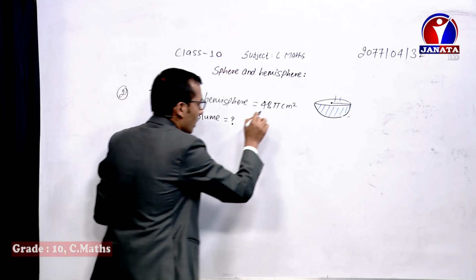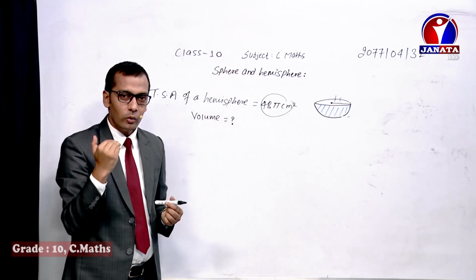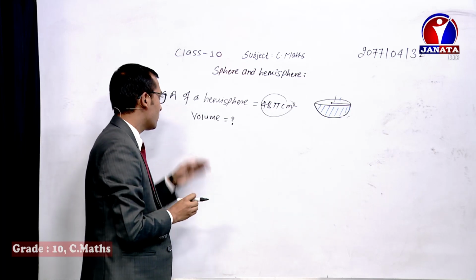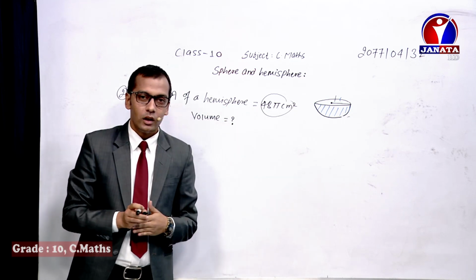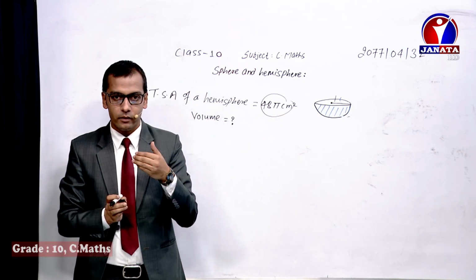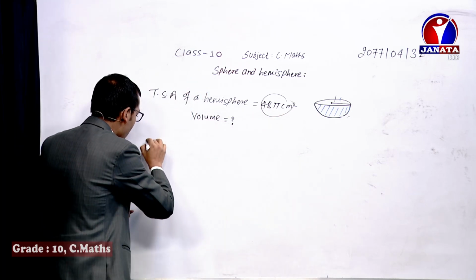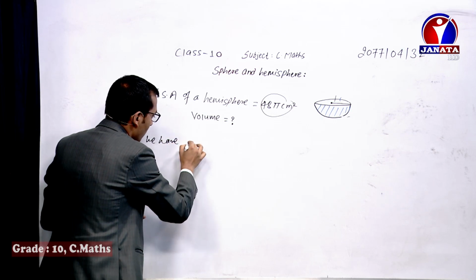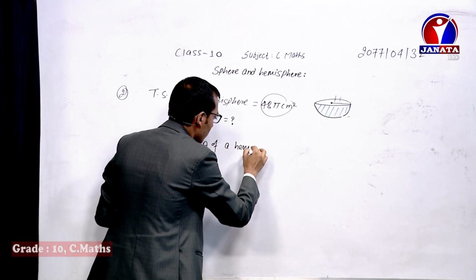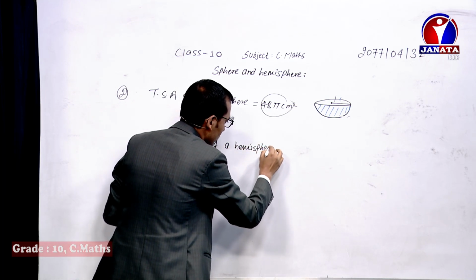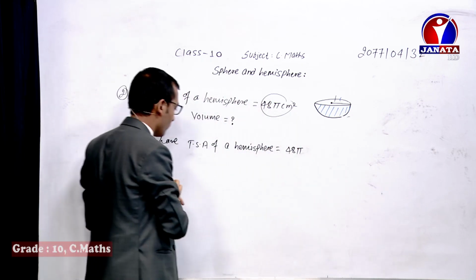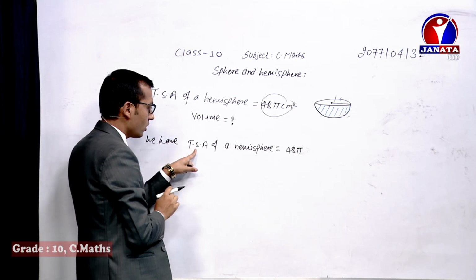Now in such a case we always start from the given term. Here the given parameter is the total surface area of a hemisphere. We know the formula for the total surface area.